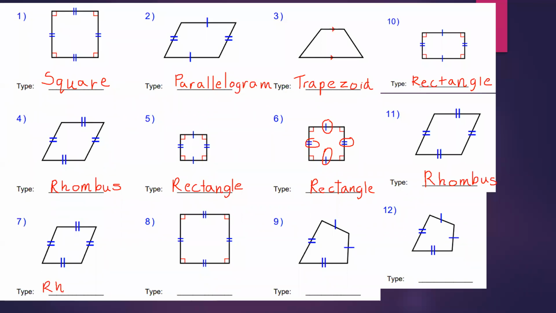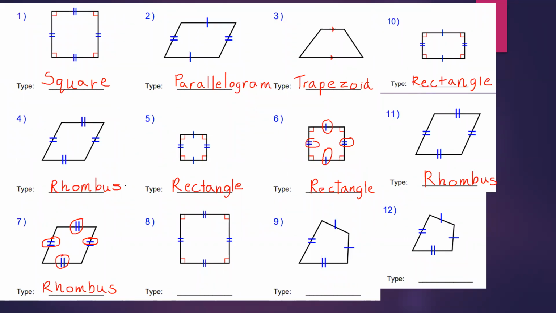Why do you say it's a rhombus, Kai? To be honest, sir, since I got the same one for number 4, I just did it for the rest. Okay, look at the sides. Are all sides equal? Yes, sir. Okay, so you know it's a rhombus.